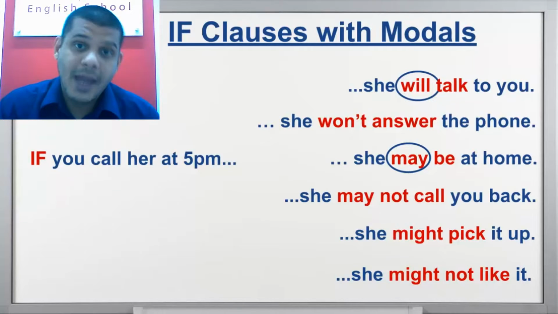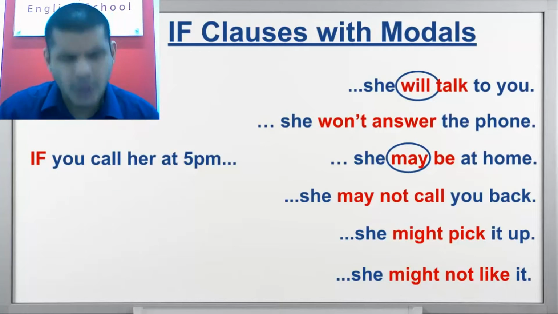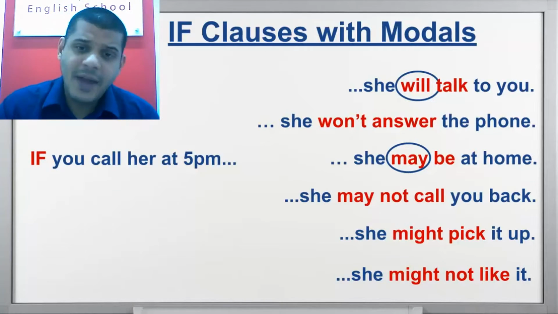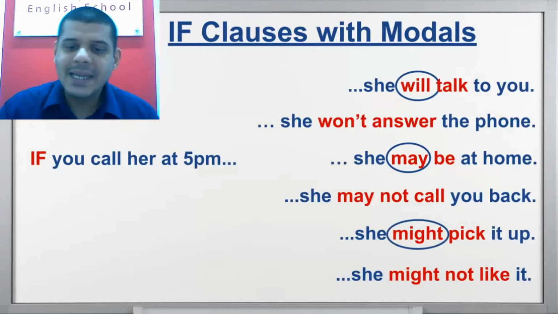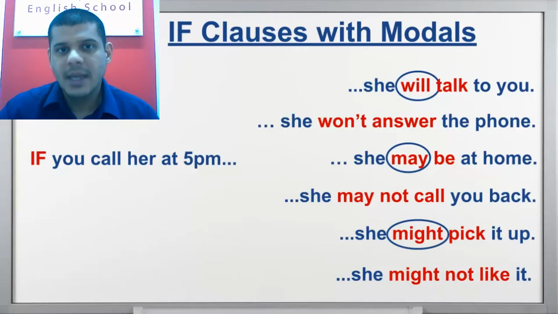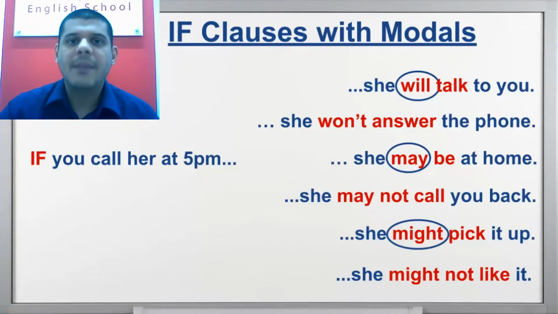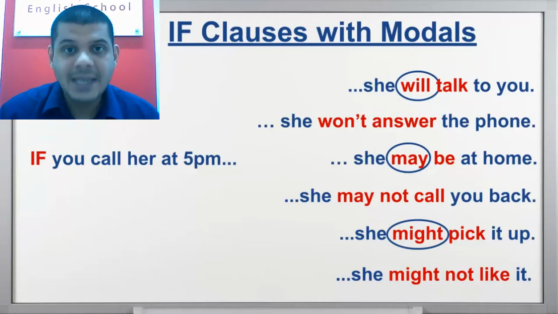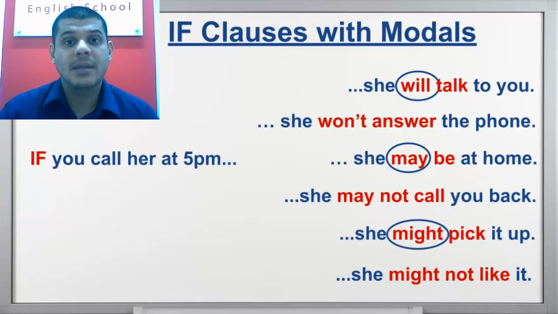I am pretty sure, I have an idea, but I'm not certain about it, okay? And finally, when I use might, it indicates that I don't have much of a clue, I'm not certain at all that something is going to happen, okay? So basically this is it. Remember that will, may, and might indicate different levels of certainty, basically, all right?